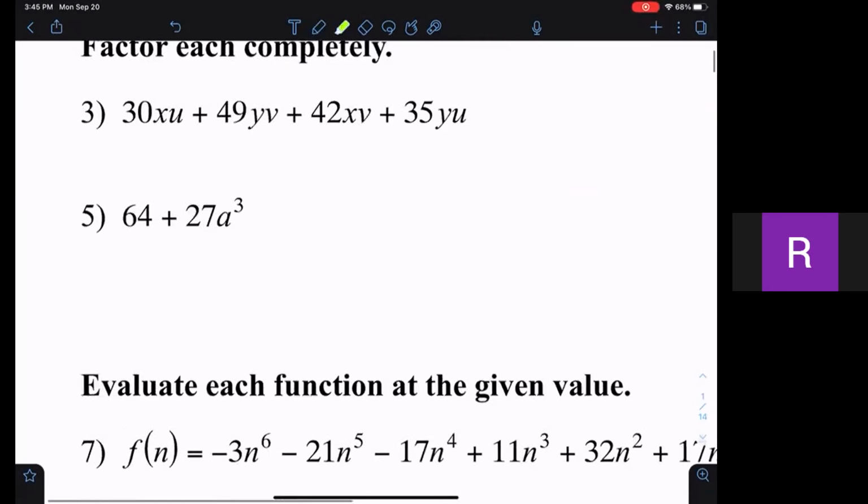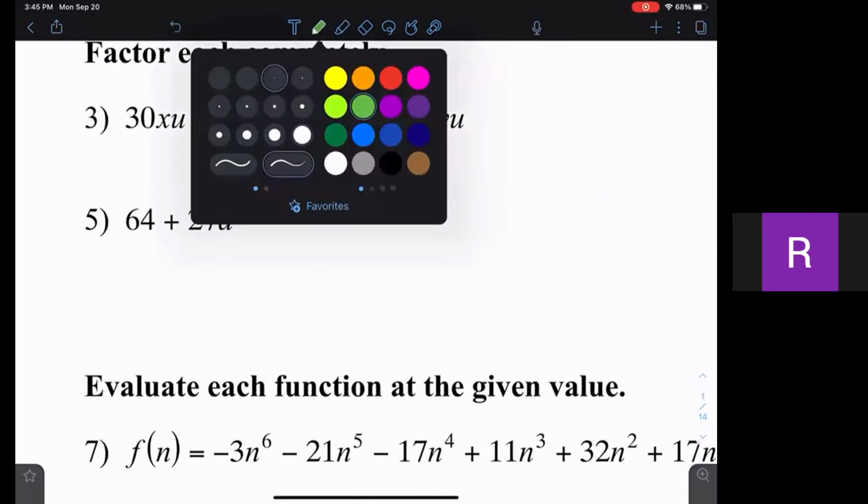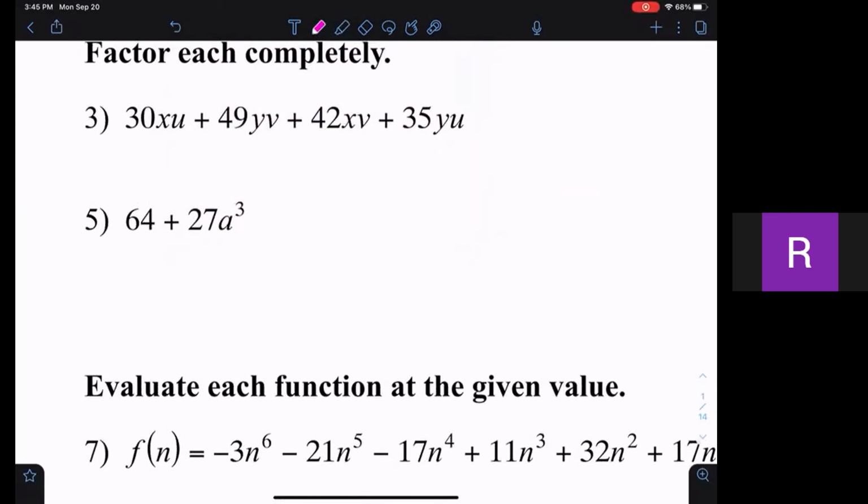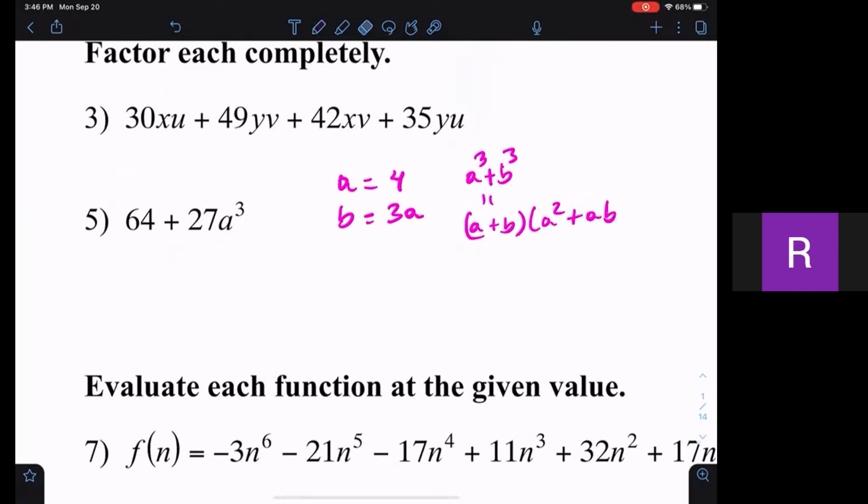This is the difference of cubes. You have to check the GCF all the time. So there's no GCF here because this is only divisible by 8 and by 4, and this is divisible by 3 and 9. So they don't have a GCF. You can do a equals 4, b equals 3a. This is a plus b cubed, which is equal to a plus b, a squared plus ab, minus, plus b squared, right?